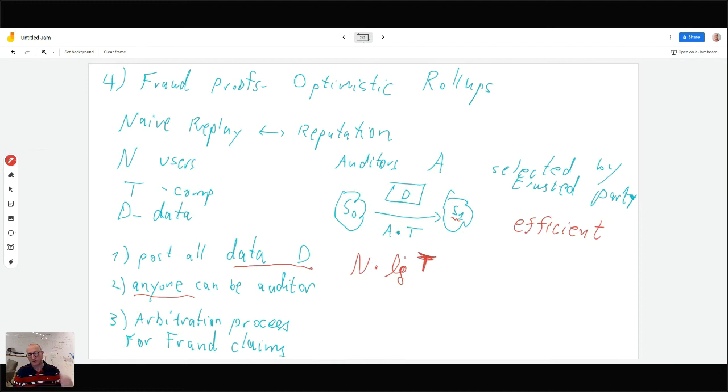Only if there's a fraud do you have this additional cost of log T paid by the users. The problems with this are, first of all, that there is this big question of how to properly incentivize the auditors.